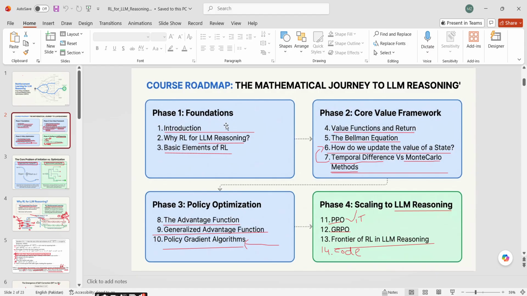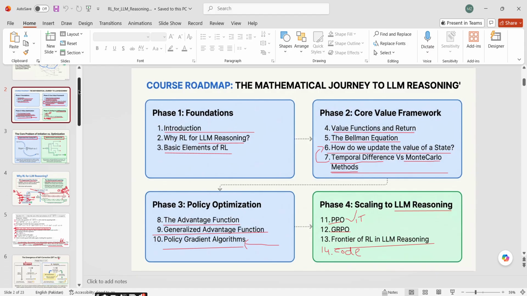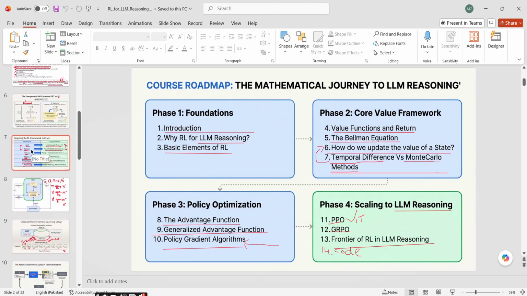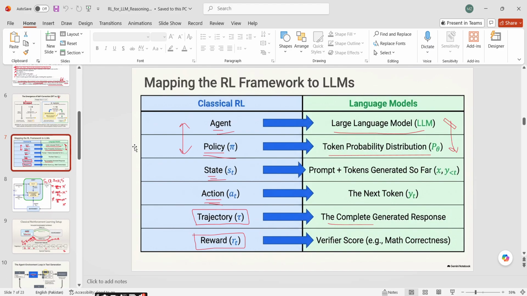So we started with understanding why we need reinforcement learning for LLM reasoning, and we saw the problem with supervised fine tuning and why supervised fine tuning might not be the best method for inducing reasoning into LLMs. Then we understood the basic elements of a reinforcement learning problem: we have an agent, we follow a policy pi, and we transition from a given state to another state by taking an action.